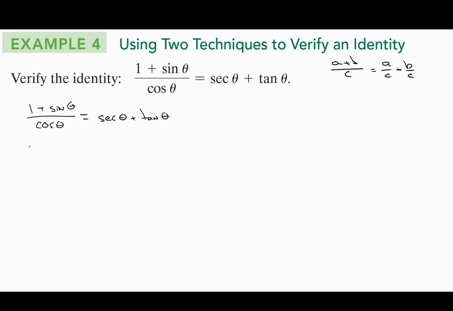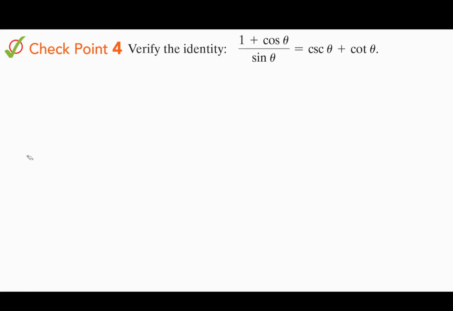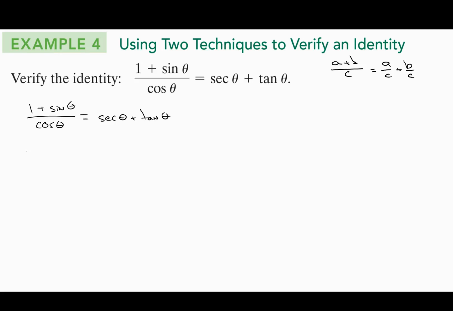So we're going to split this: 1 over cosine plus the sine over the cosine is equal to the secant plus the tangent. And 1 over the cosine is the secant. Sine over cosine is the tangent.